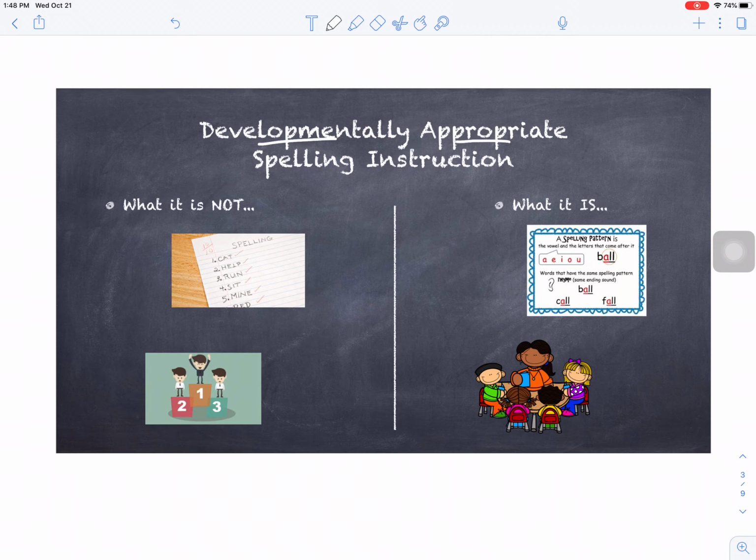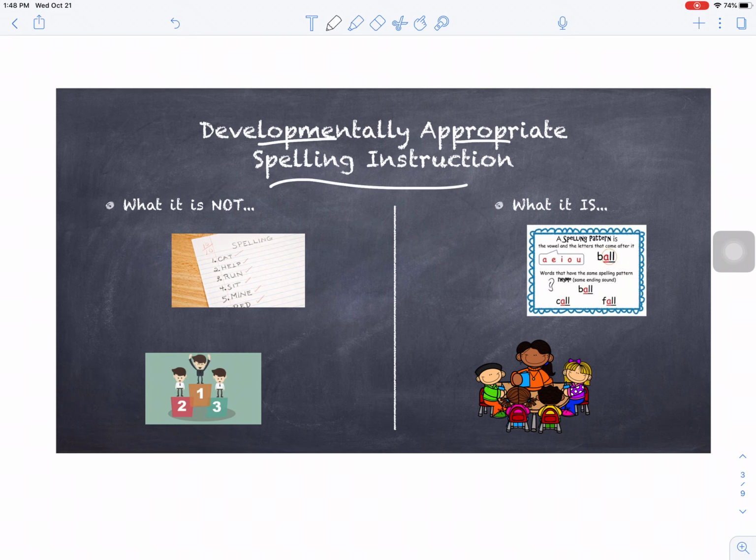What's an appropriate way, based on how they're developing, how they're growing, how they're learning, to provide them with spelling instruction? Because we know that there are really sound best practice ways to teach our students, and then there are ways that may be traditional and ways that have been passed down to instruct, but maybe aren't as developmentally appropriate as they could be based on where our learners are.